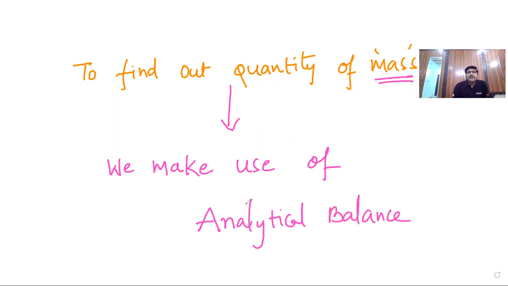This is the weighing machine that we use in the chemistry lab to find out the mass of a given substance. This machine is known as the analytical weighing balance machine. Clear?